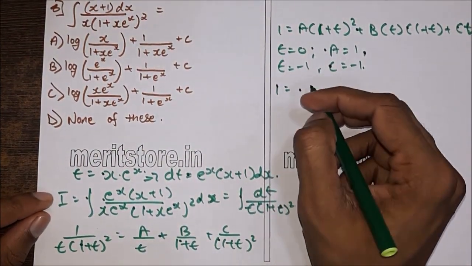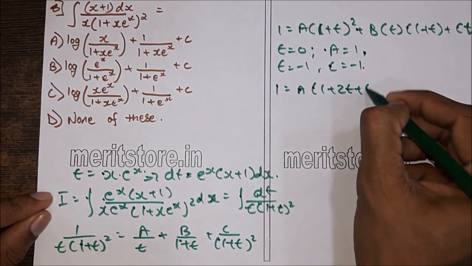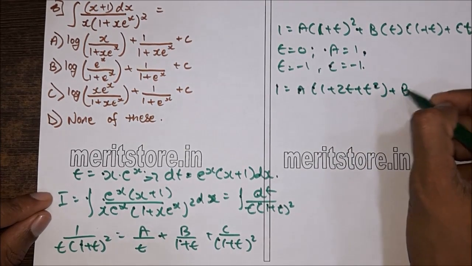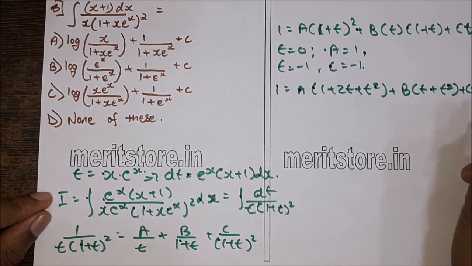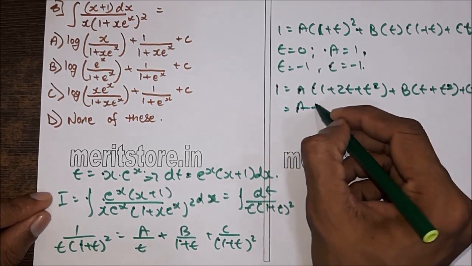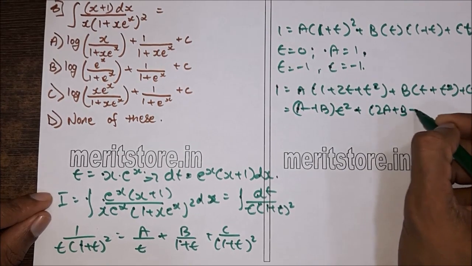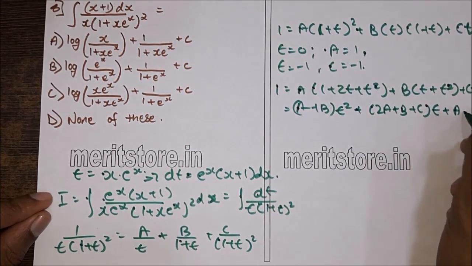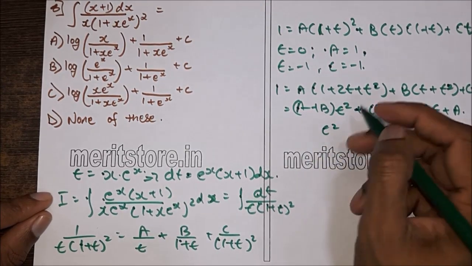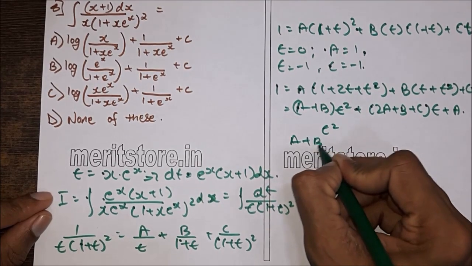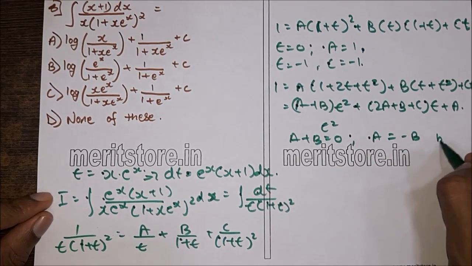When we solve this, we get a into 1 plus 2t plus t square plus b t plus b t square plus c t. We can write this as a plus b t square plus 2a plus b plus c t plus a. By comparing the coefficient of t square, we get a plus b equal to 0, so a is equal to minus b. Since a is equal to 1, we get b is equal to minus 1.